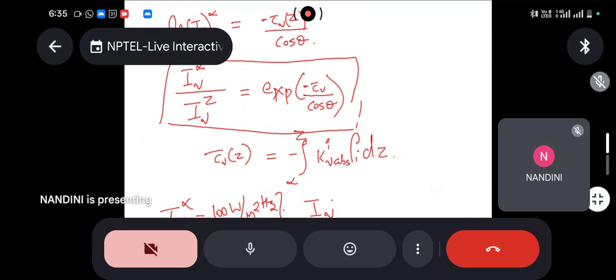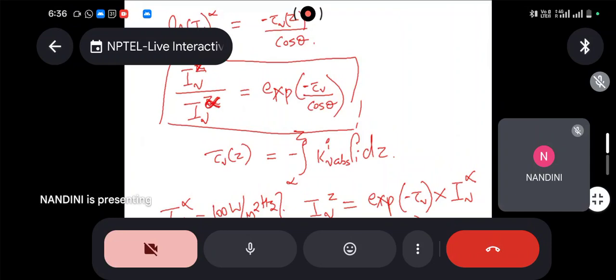So we can write I nu of Z is equal to exponential of minus tau nu into I nu infinity, which will become exponential of minus 2 into 100. e raised to minus 2 is around 0.1353, into 100 is 13.53 watt per meter square hertz.